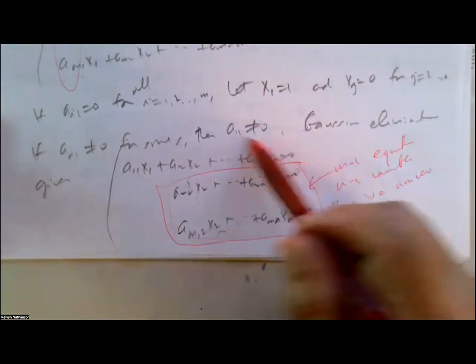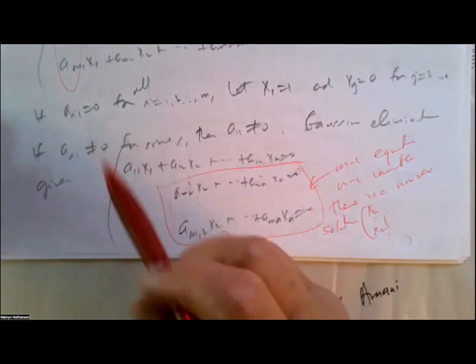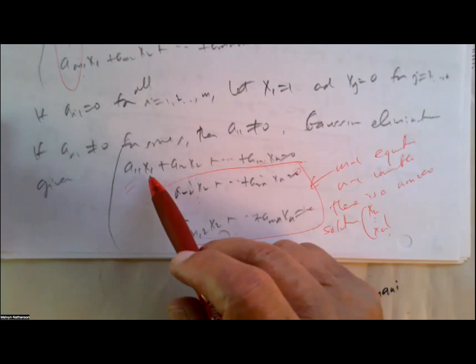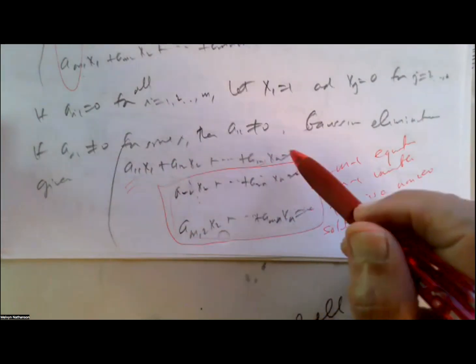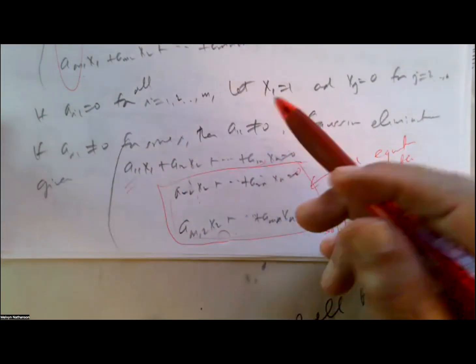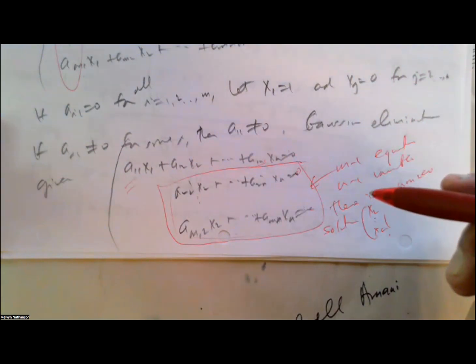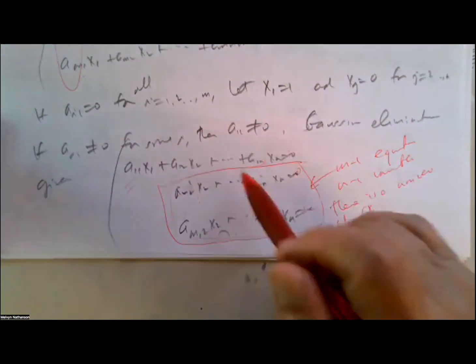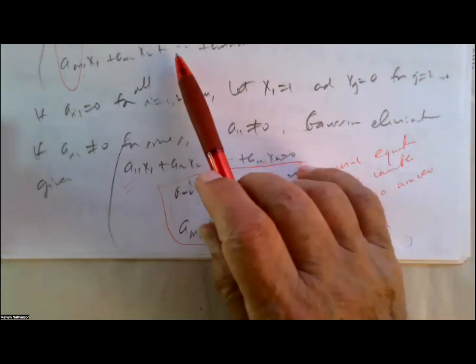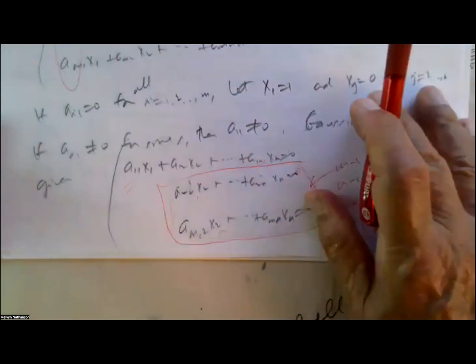But then you take those variables, you plug them into the first equation. a11 is non-zero, so you can find an x1, which gives you a solution of this equation, and we're done. Because now we have a non-zero solution of this system, which is a non-zero solution of the original system. So that is the proof of this basic theorem.